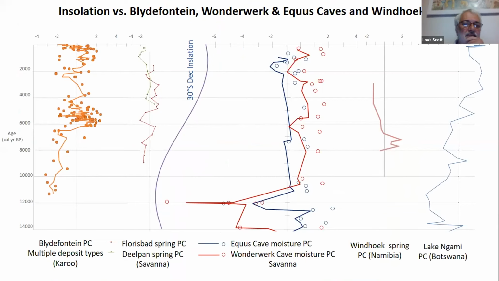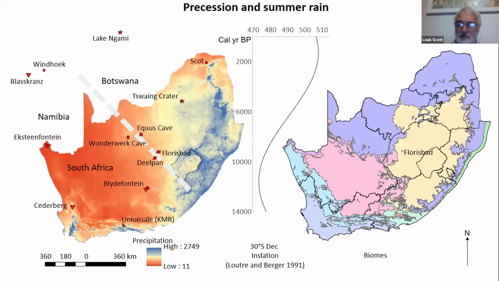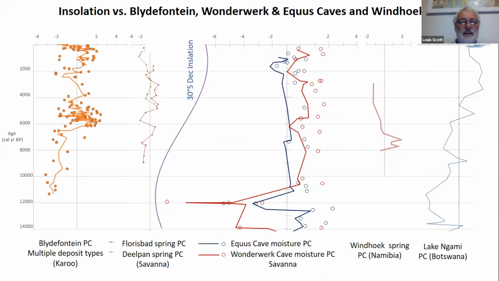From all these different types of sediment, we have different sequences, and I can here compare them with the insolation curve, and you see there is a general similarity, a general response that compares well with the insolation curve, which gives you an idea of what the summer rain is doing.